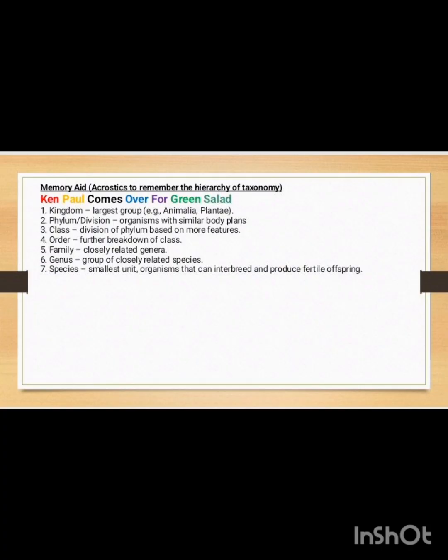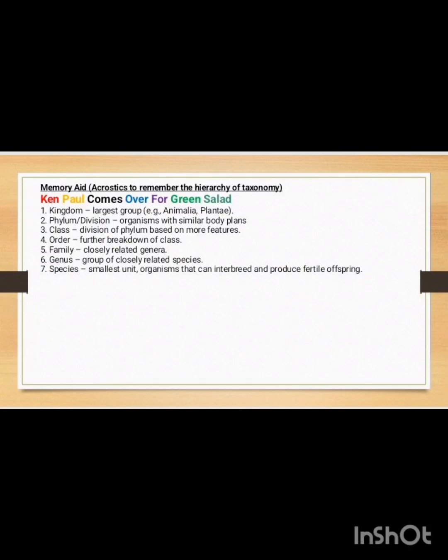For reproduction to take place, chromosomes must pair correctly during fertilization. Imagine man has 46 chromosomes and dog, for example, 78 chromosomes. So it is impossible for them to come together for interbreeding. And so, like I said, species is the smallest unit.